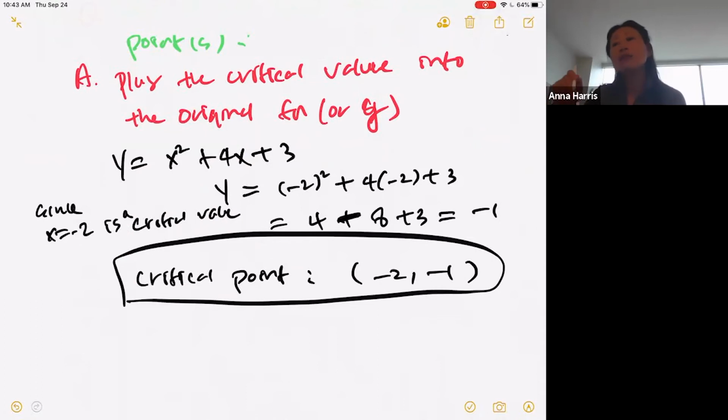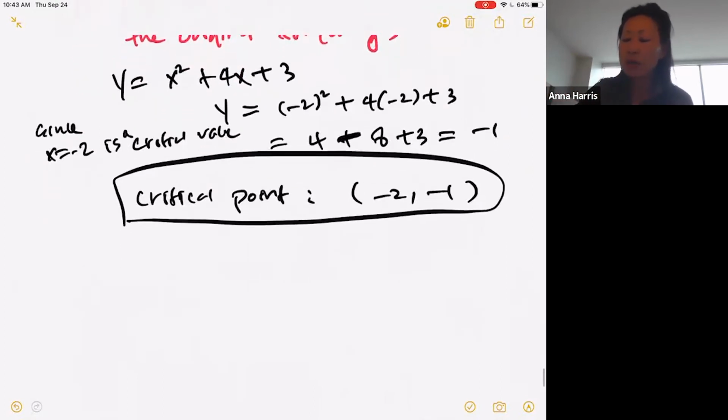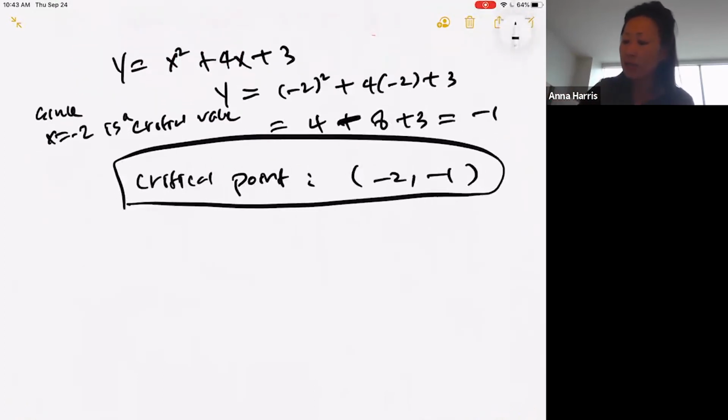But I do not know whether this is going to be my minimum or maximum. I know it's going to be either one or the other, but I don't know which. So how should I know which is going to be max or min? That's my next question.